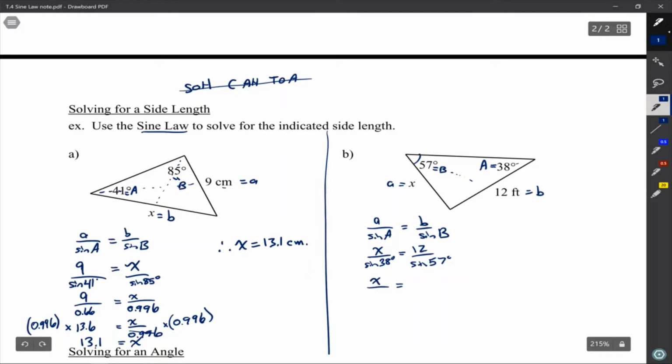Well, the sine of 38 degrees, I can do that right now with my calculator, is 0.62 equals 12. I'm going to leave that number alone right now, divided by sine of 57 degrees, which is 0.84.